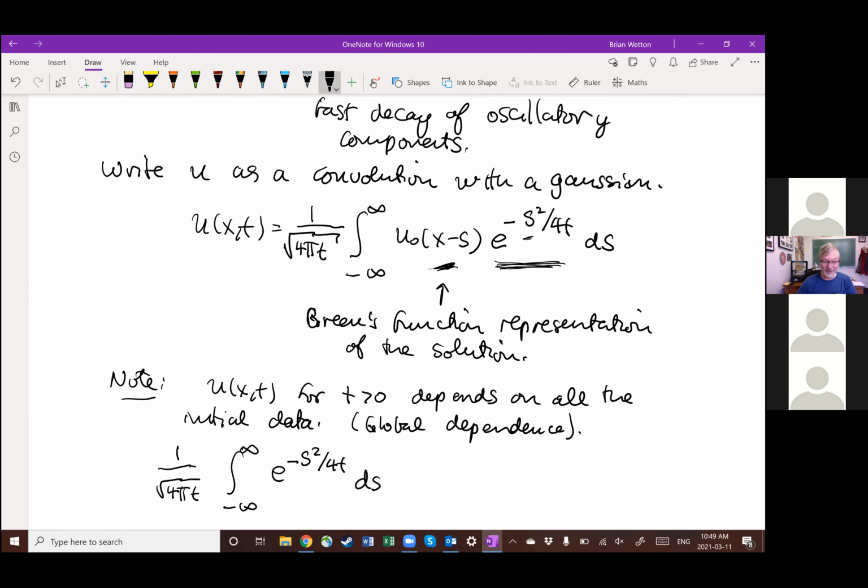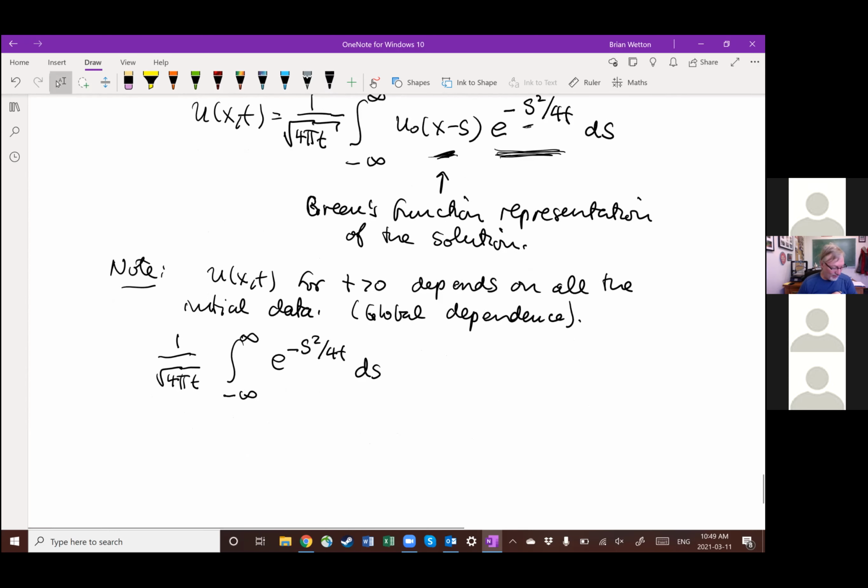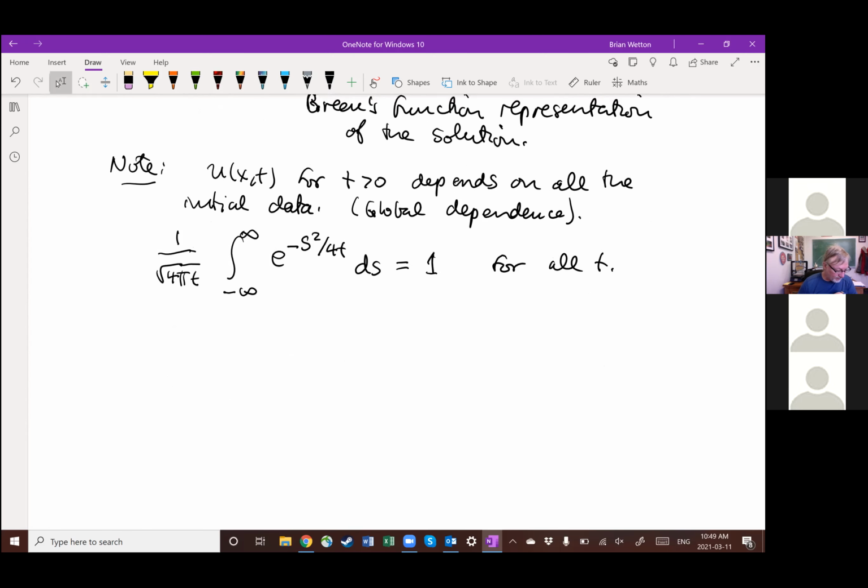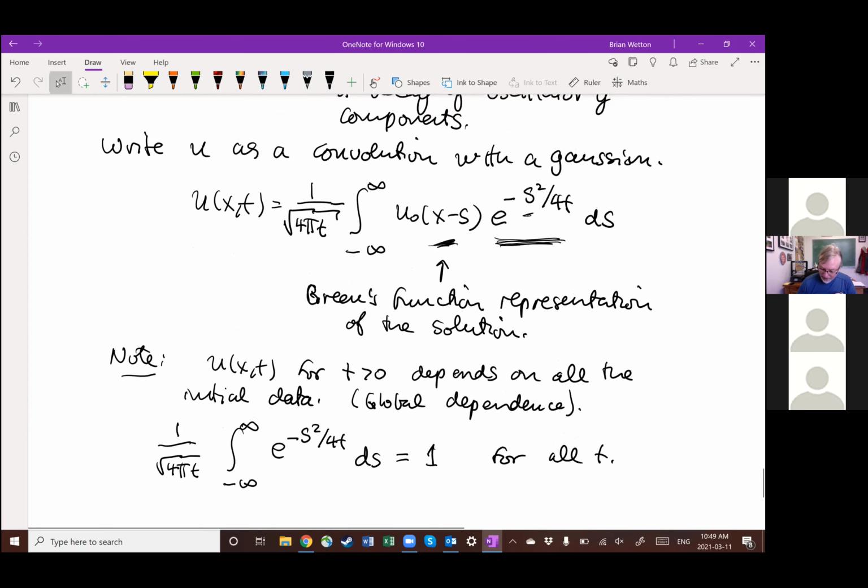Those have a higher weight. If I look at this, you can just show, right, that this integral is equal to 1 for all t. So when I talk about a weighted average, the total weight is 1. When I'm near x equals s, the weight is the biggest, right? Because that's where s is equal to 0, is where this has a maximum.